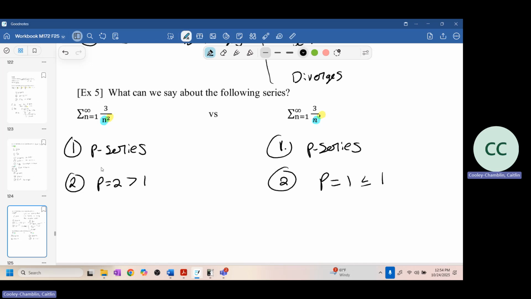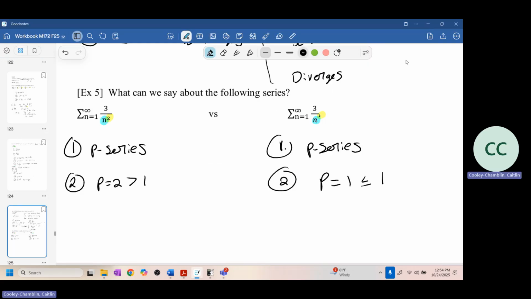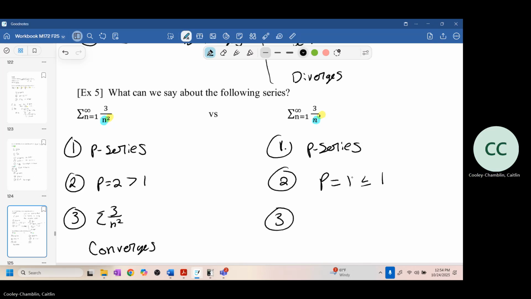Okay, so let's look at this first one. If P is greater than 1, my P series test tells me that series converges. Over here, P is less than or equal to 1.